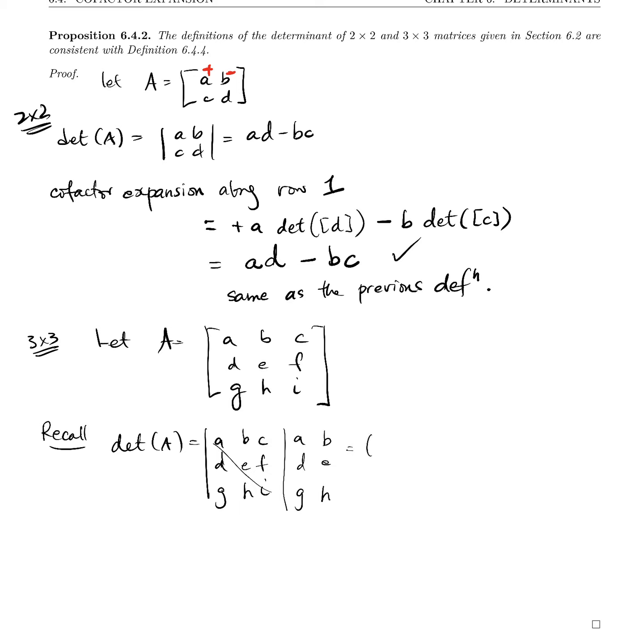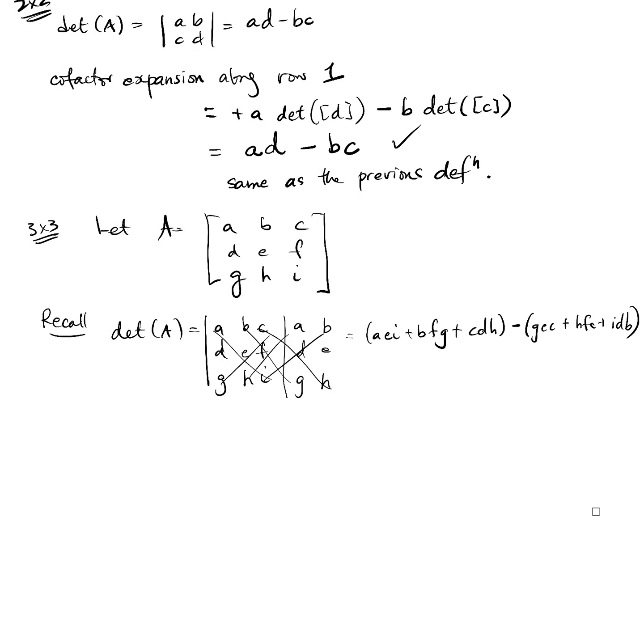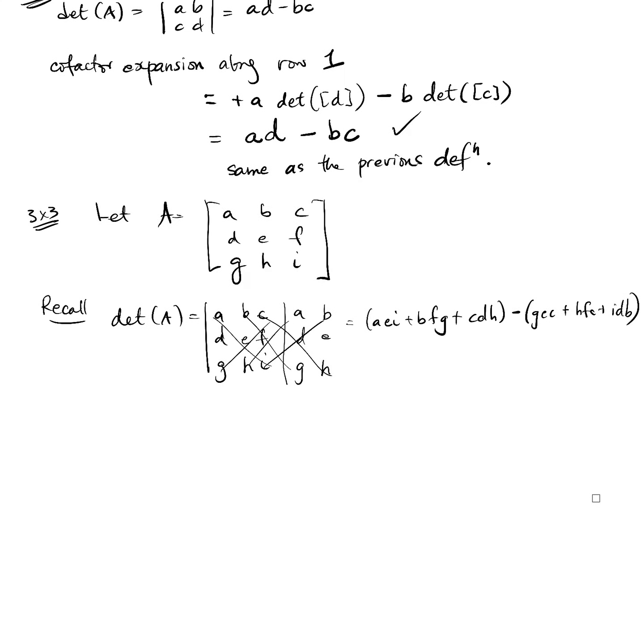So we did A times E times I plus B times F times G plus C D H, and then subtracted G E C plus H F A, and then plus I D B. So that was our previous value. So now what we want to do is cofactor expansion and show that we get the same result.